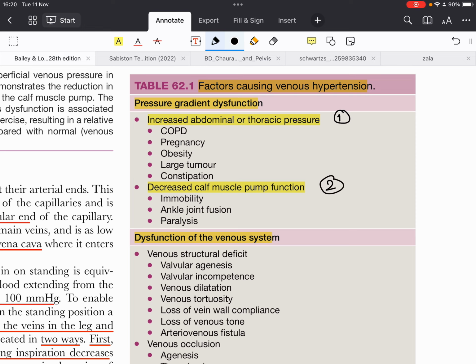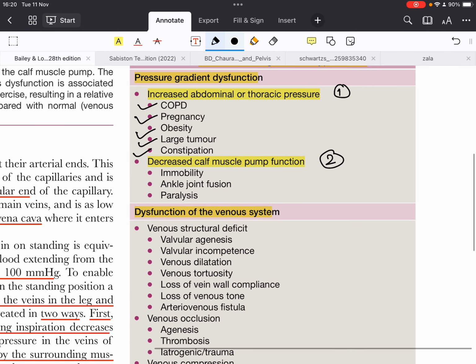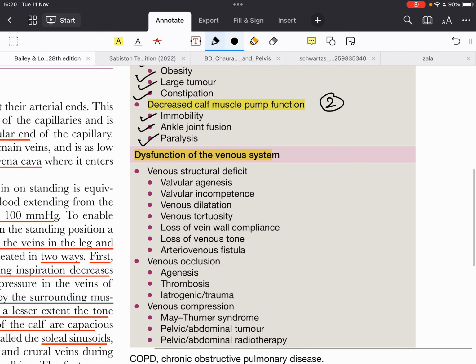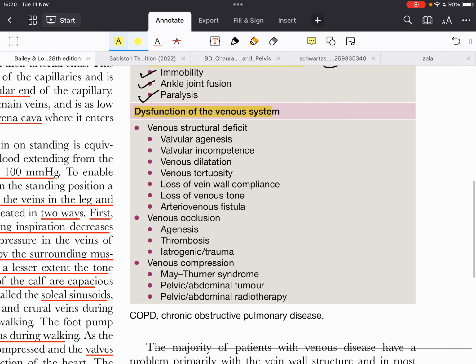Increased abdominal thoracic pressure: COPD, patient continuously coughing, pregnancy, obesity, large tumor, and constipation. Decreased calf muscle pump function: immobility, ankle joint fusion, paralysis. Dysfunction of the venous system: venous structural deficit, venous occlusion, venous compression.